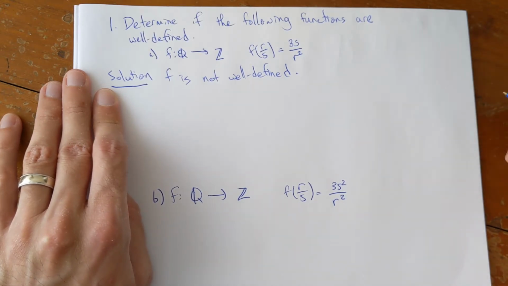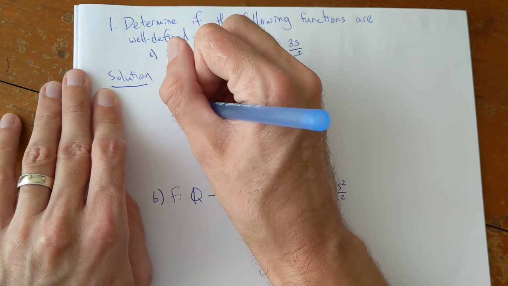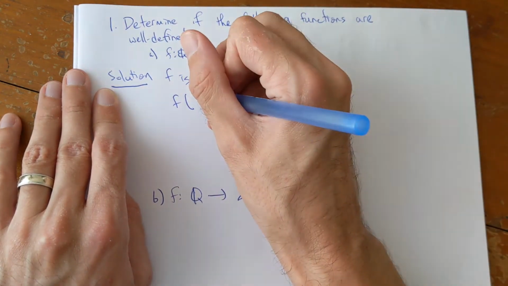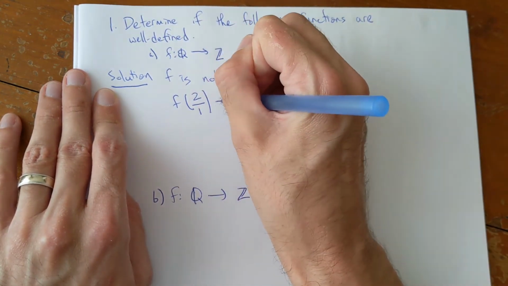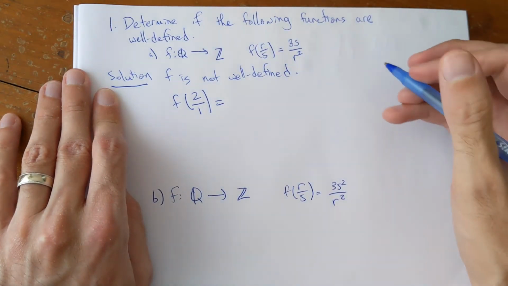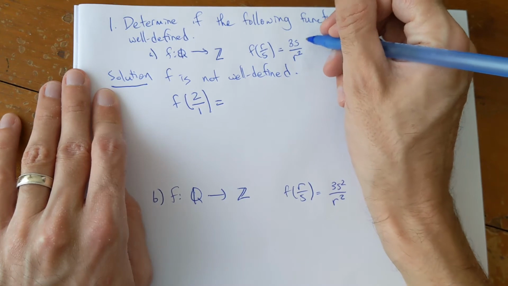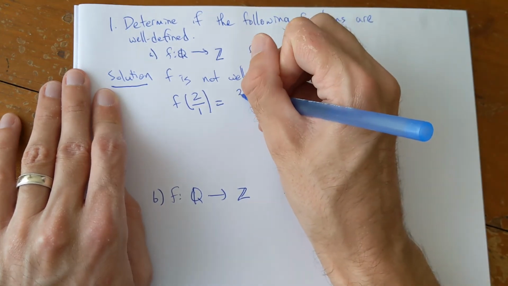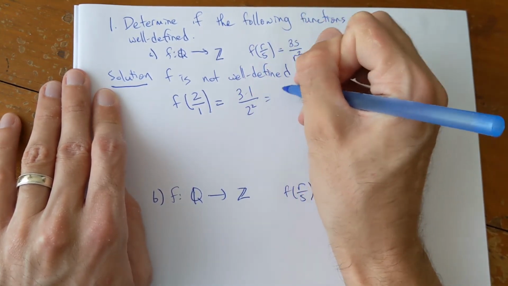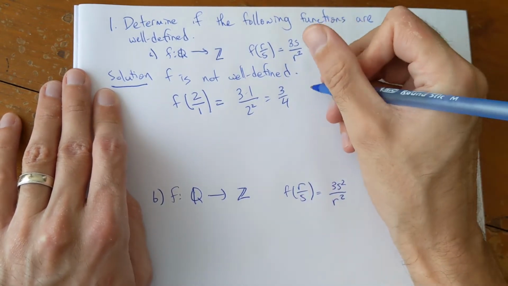First reason might be f of 2 over 1. We use a representative 2 over 1. The function says that it should be 3 times 1 over 2 squared, which is 3/4.